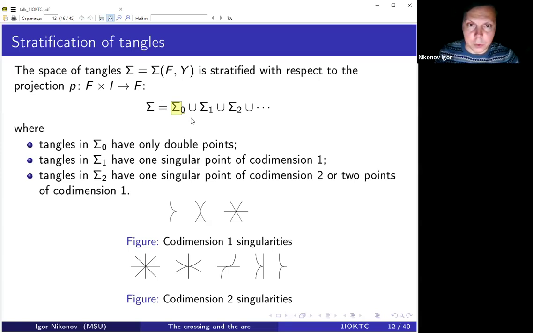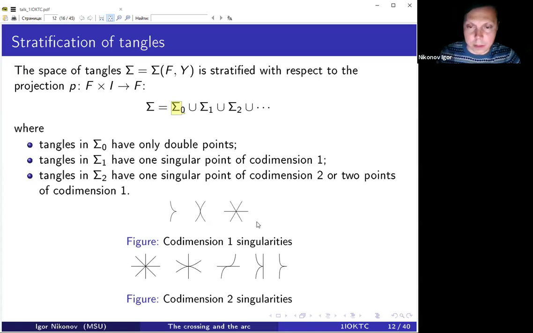But if we consider families of tangles, families of embeddings, we can encounter tangles with one singular point. There are three singular points of codimension 1, a cusp, a tangency, and a triple point, and each of them corresponds to a Reidemeister move.